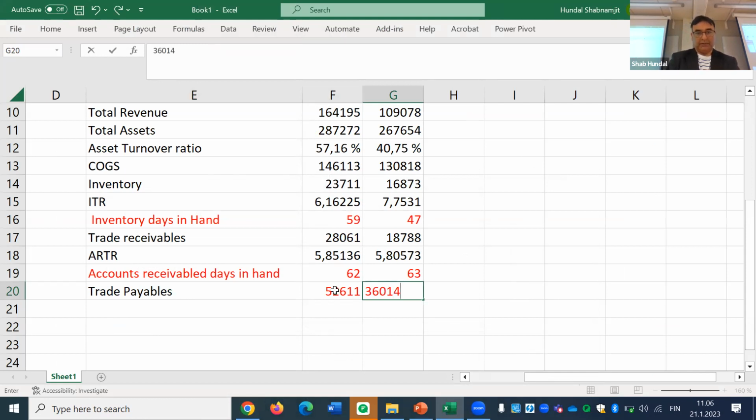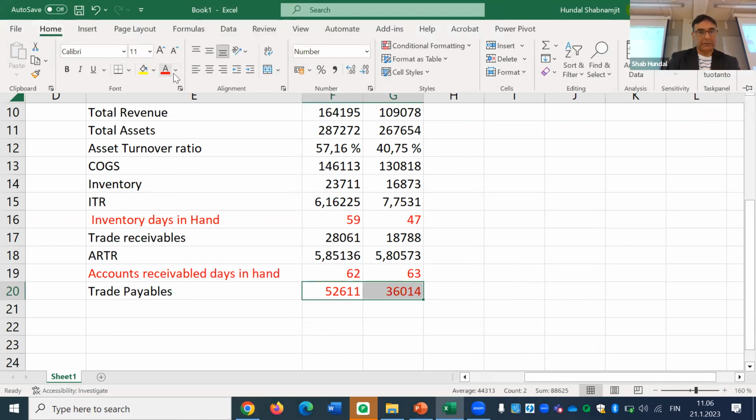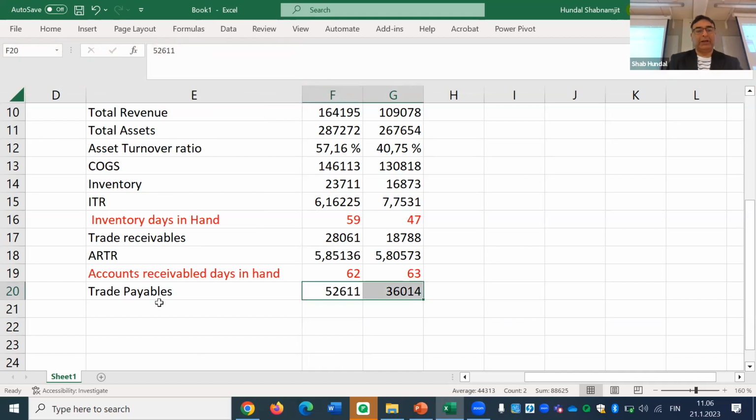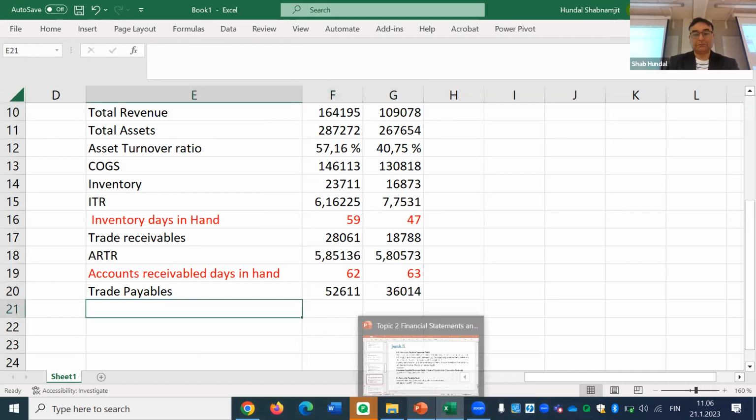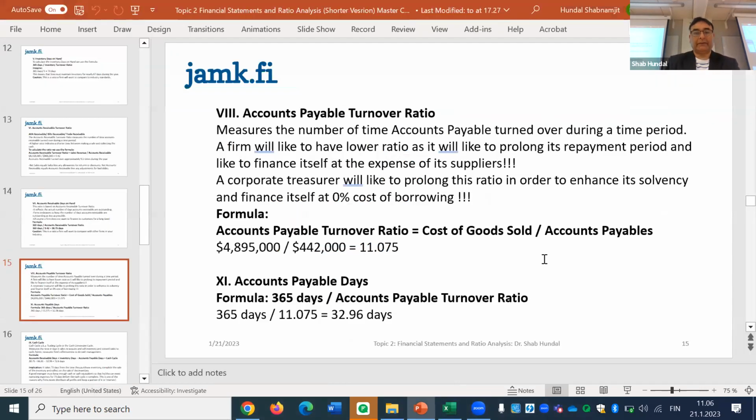I want to keep them in black. I don't want to mix up black and white. Yeah, and the formula is the cost of goods sold divided by accounts payables, and it comes to be 11 times. It means that you pay 11 times to your supplier in a year, basically.